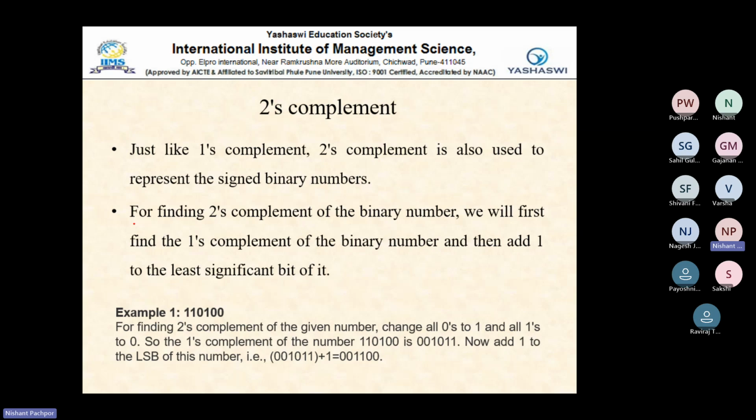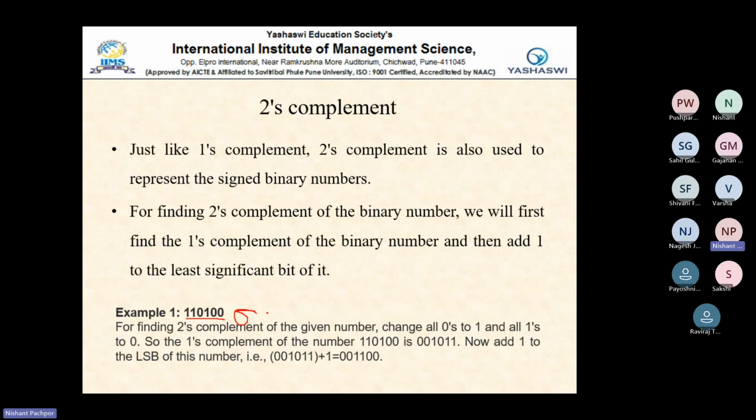What is the rule for the one's complement? Whatever ones are there are converted into zeros, and zeros are converted into ones. This is my one's complement. For example, we are given the number 11011. When converting this into two's complement, what happens first? Whatever ones are there are written as zeros.